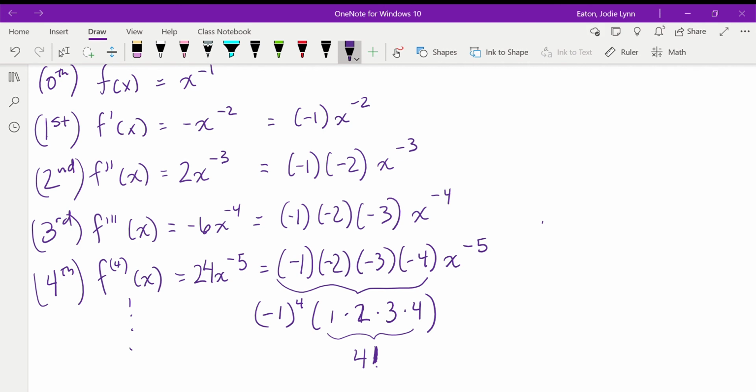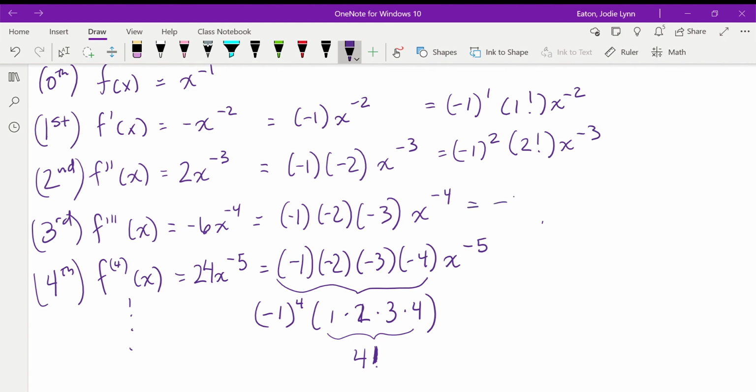So we notice that we can do that for any of these. This one is equal to negative 1 to the power of 1 times 1 factorial times x to the minus 2. This one is equal to negative 1 squared. See, we're multiplying by a negative twice, times 2 factorial, x to the minus 3.